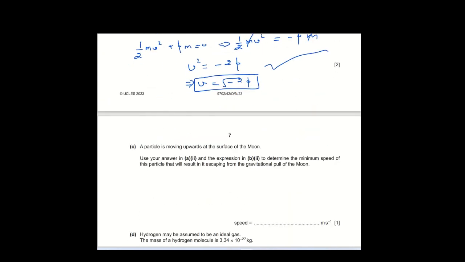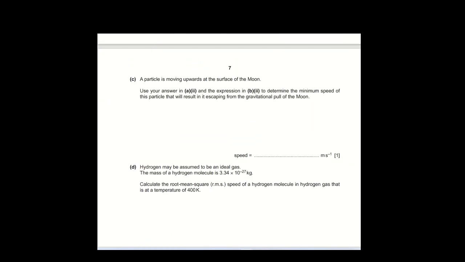Now, the next question, the C part, is, a particle is moving upwards at the surface of the moon. Use your answer in A second and the expression in B3 to determine the minimum speed. For minimum speed calculation we have already calculated an expression in the above part that v is equal to square root of minus 2 phi. So we have to substitute the values only.